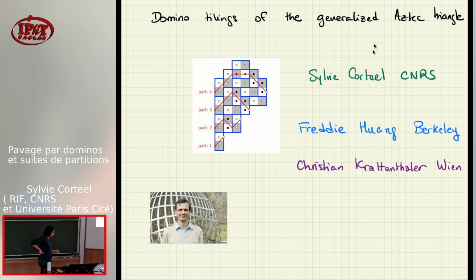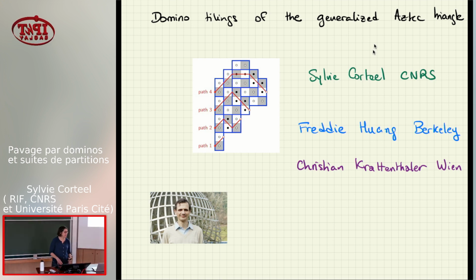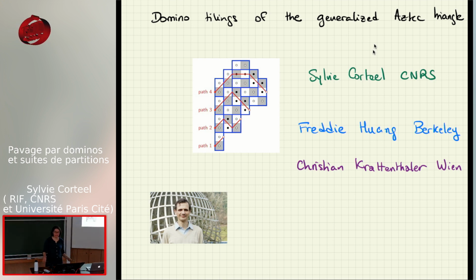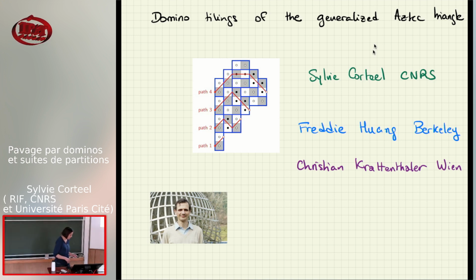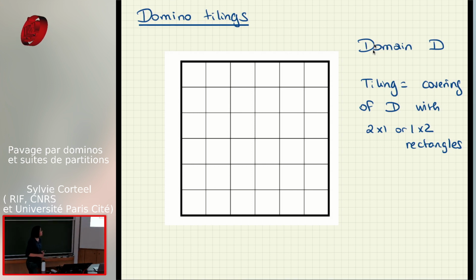I'm going to talk about domino tilings, and even though maybe all of you know a lot about counting domino tilings, I'm going to go slowly and try to see what kind of techniques I like to count this type of tilings. So first, what's my question?